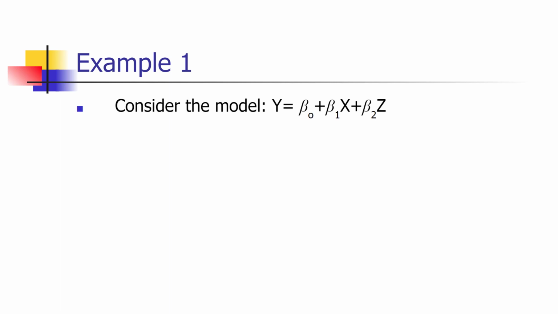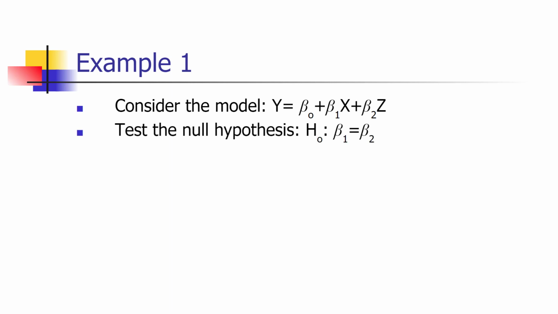Let's take an example of ways in which we could impose these restrictions. Suppose we take a simple model where we say that y is a linear function of x and z, and we wish to test a hypothesis that the effects of x and z are identical. So we're testing whether beta 1 equals beta 2.